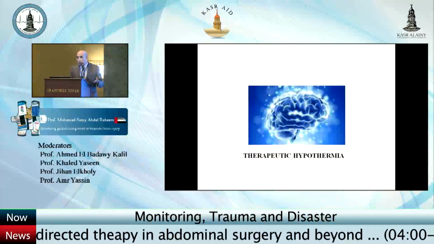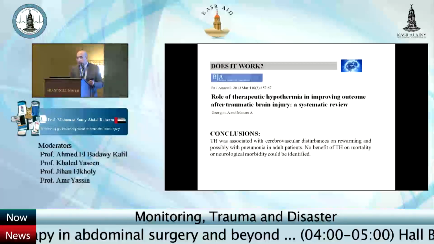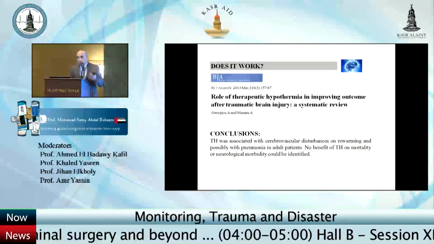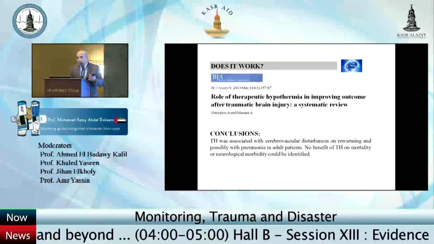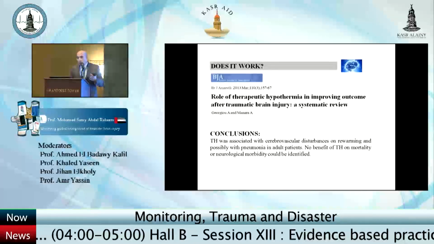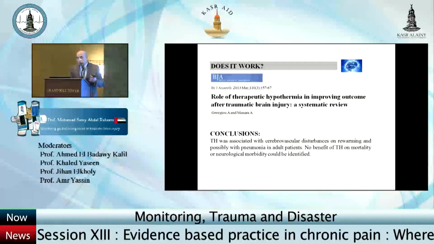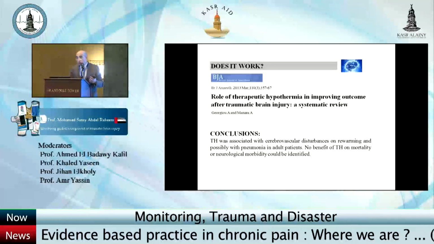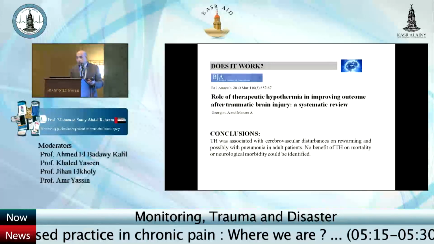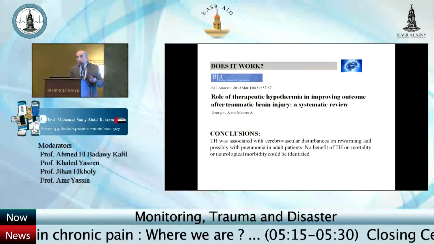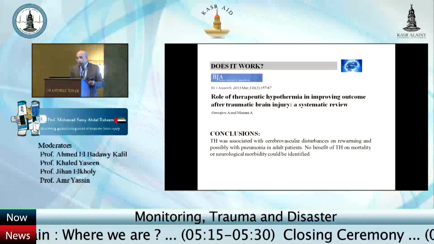Does it help in patients who actually have traumatic brain injury? Again, the evidence was conflicting, and this study in 2010 published in the BJA found that therapeutic hypothermia was associated with cerebrovascular disturbances on rewarming, and possibly with pneumonia in adults, and no benefit of therapeutic hypothermia on mortality or neurological morbidity.